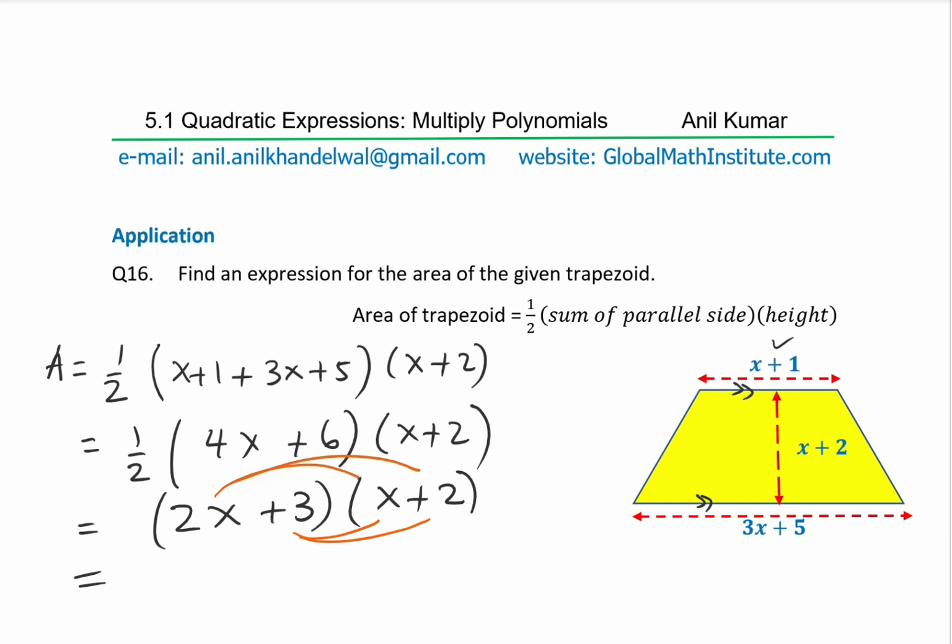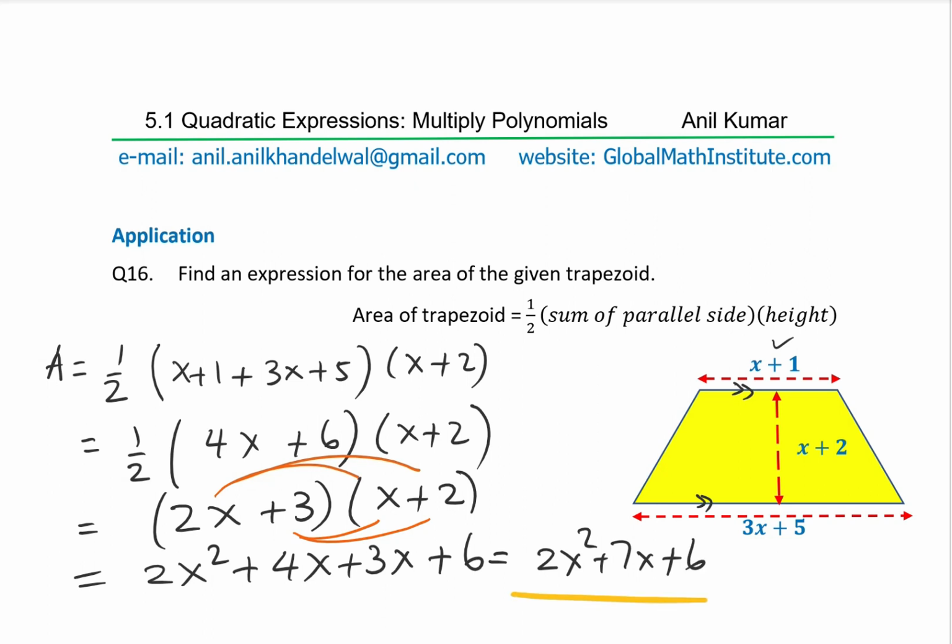What you get here is 2x squared, 2 times 2 is 4, so we get 4x. 3 times x is 3x, 3 times 2 is 6. And you can combine the like terms, you get 2x squared plus 7x plus 6 as your answer. Is that clear to you?